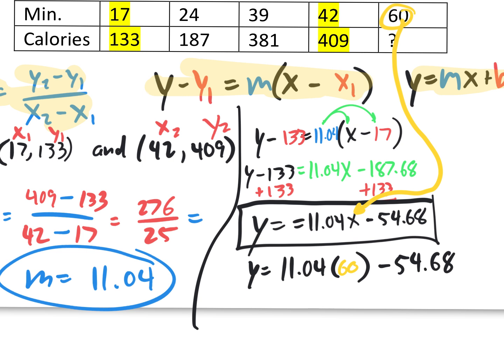With the calculator, 11.04 times 60 is 662.4. So y equals 662.4 minus 54.68.